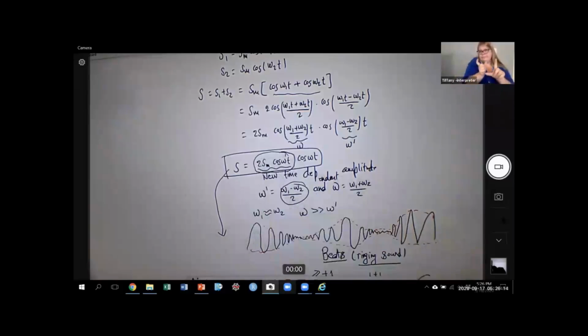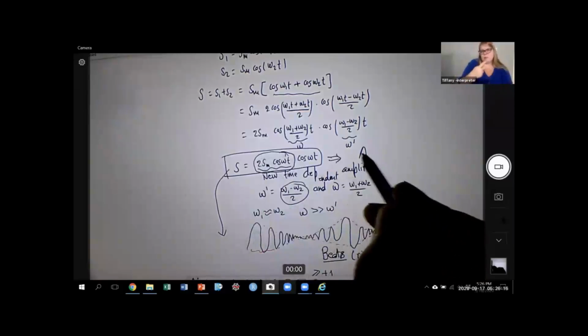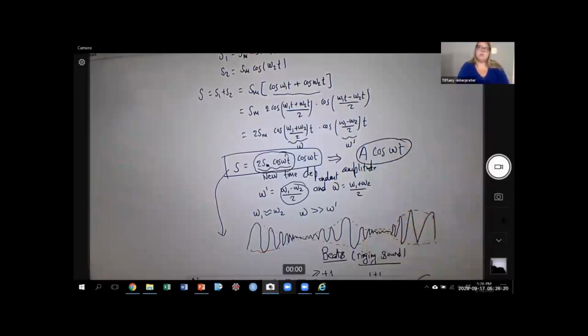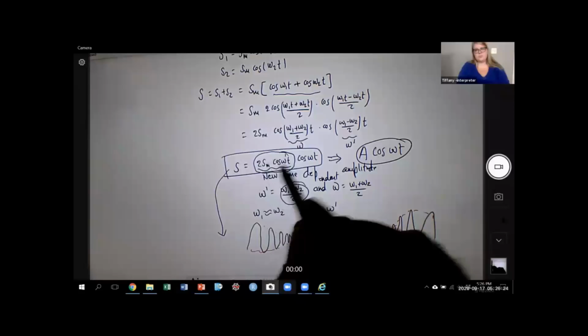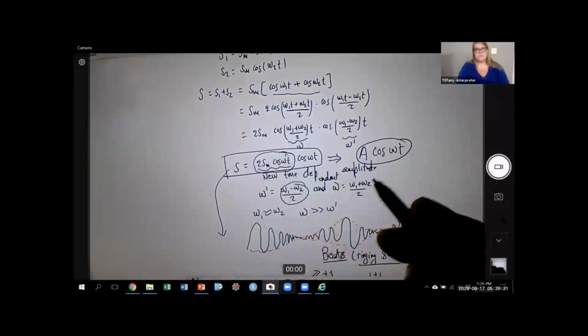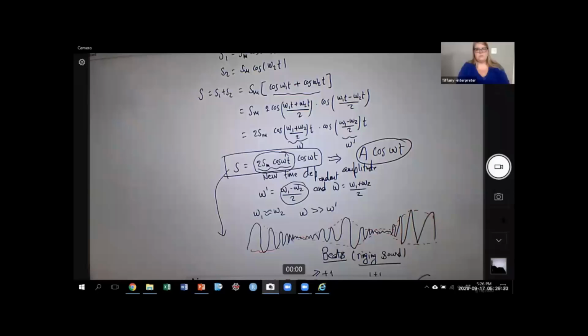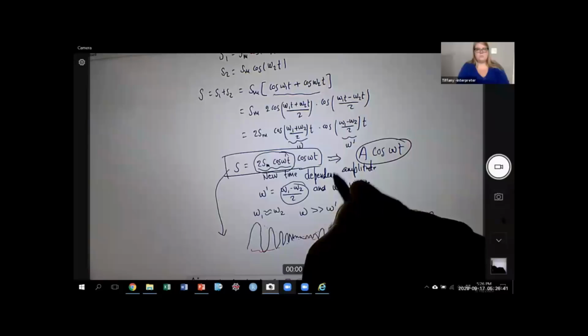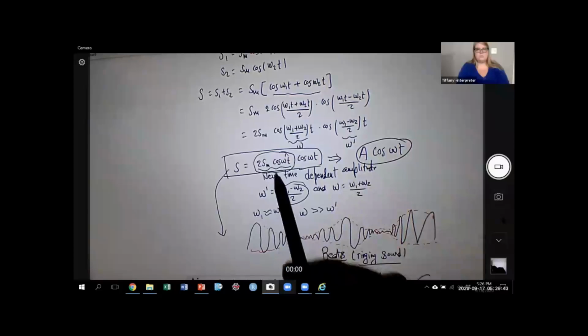And so the new amplitude, cos omega t, something like that. This whole thing is a new, time dependent amplitude, because the amplitude depends on time.